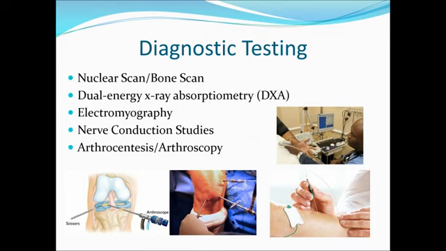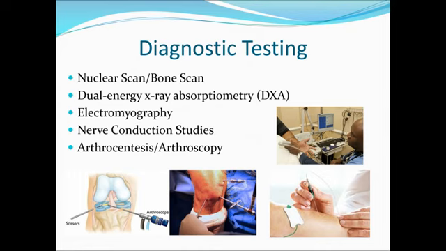Basically, the client lays on an X-ray table, there's no contrast material, and they will scan them, and basically they're going to get a score. And depending on what their score is, it will determine if they are a healthy bone, if they have osteomalacia, which is where you're starting to see the destruction of bone, or full-fledged osteoporosis. And we'll talk more about that when we get to the class on osteoporosis.